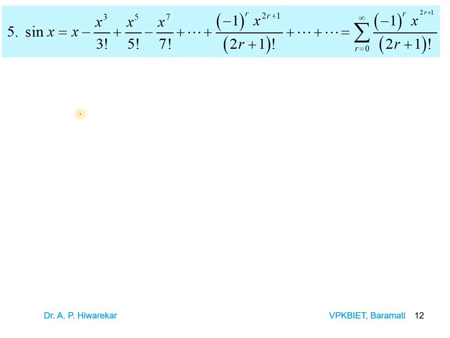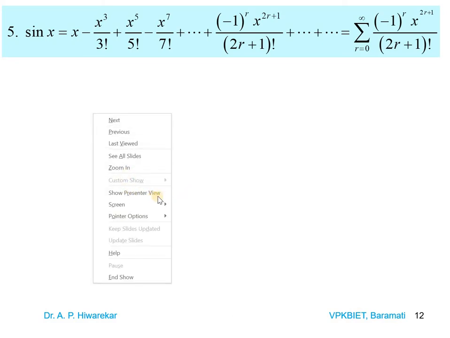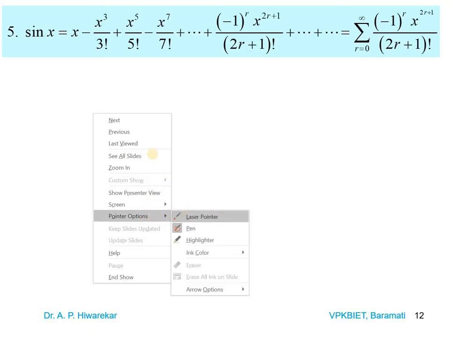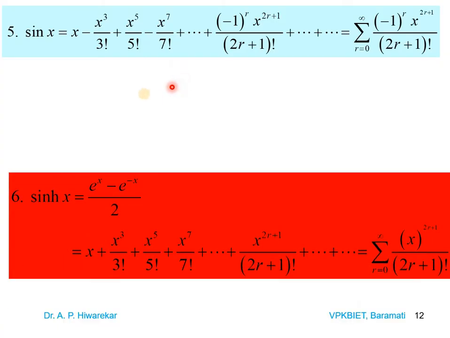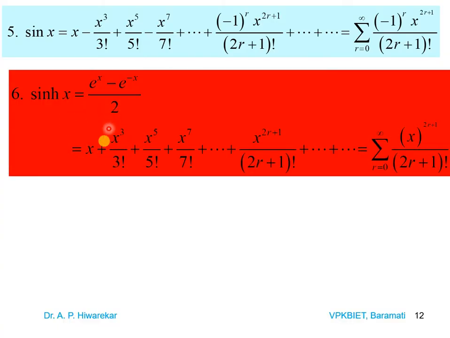Sin x is equal to x minus x cube by 3 factorial plus x to the power 5 by 5 factorial minus x to the power 7 by 7 factorial. Similarly, sin hx: here plus minus alternate, here every term is plus. Sin hx is x plus x cube by 3 factorial plus x to the power 5 by 5 factorial plus x to the power 7 by 7 factorial and so on.